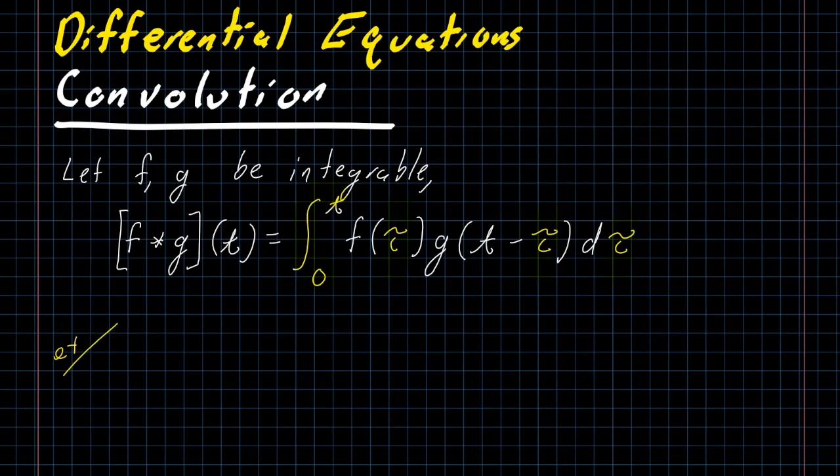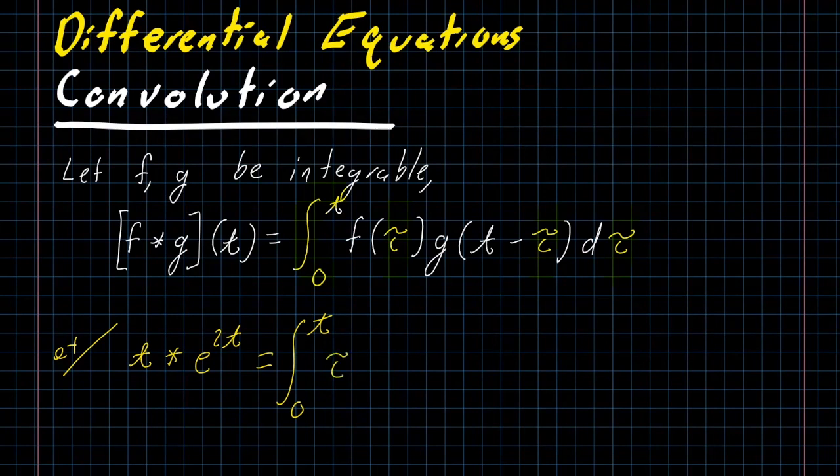So as a seemingly simple example, I would like to take t and convolute it with e to the 2t. Well, from our definition, this is going to be the integral from 0 to t of my function f, which is t, evaluate that at tau, and you get tau.